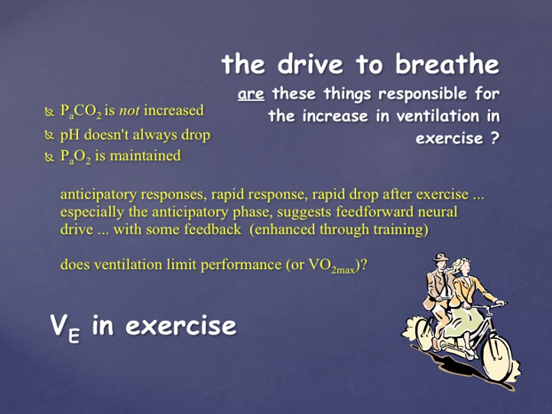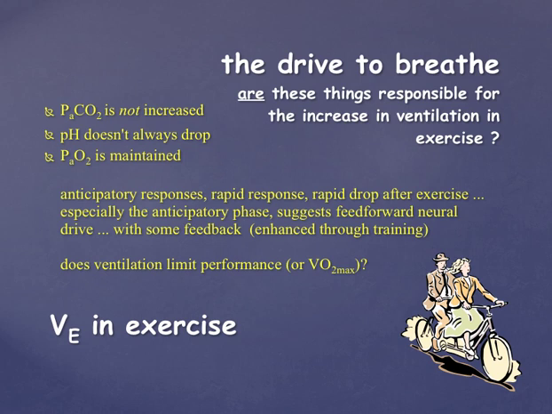And here's a question that you'll see a few times. Does ventilation limit performance, or does ventilation limit VO2 max? Does ventilation limit the amount of oxygen that we can use? Well, from the previous slide, you saw that in severe intensity exercise, and you may want to go back and look at it, in severe intensity exercise, the ventilation is increasing all the way up to exhaustion.